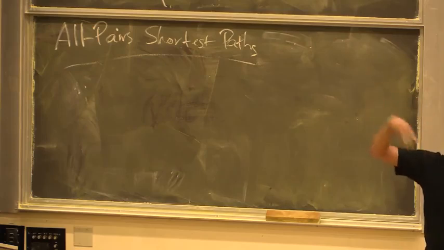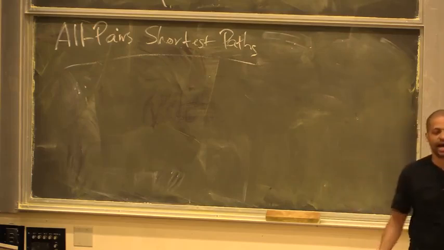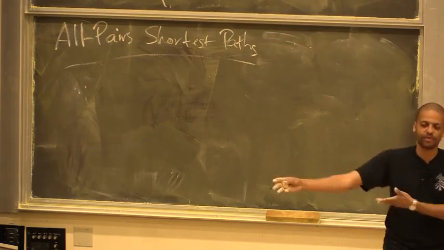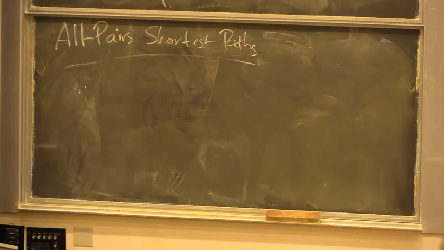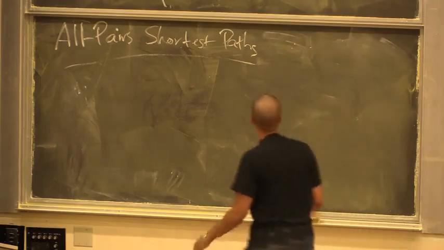From all S to all T, what's the shortest path from S to T? I could just loop over S and then do Bellman-Ford from each S separately. Each Bellman-Ford takes me mn time, and then there are n possibilities for S. It's m times n squared time. M could be as bad as n squared. So that could be an n to the 4th time algorithm. I'll show you an n cubed time algorithm called Floyd-Warshall.